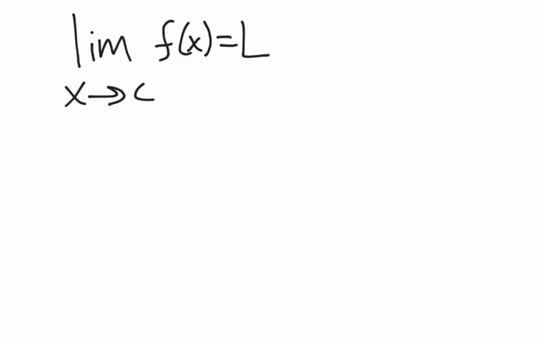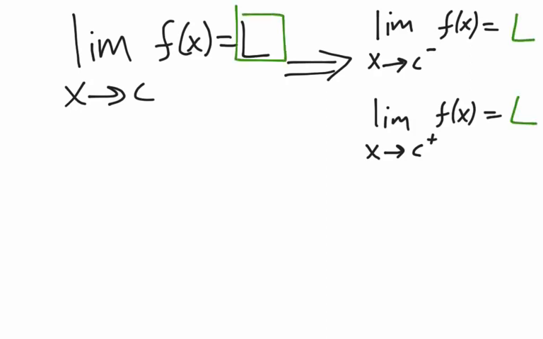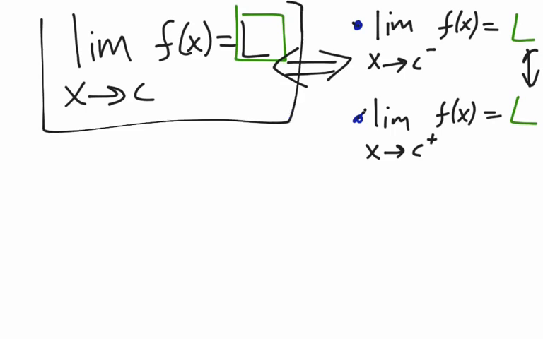In your head, you should think right away that this means that the limit as x approaches c from the left of f of x and the limit as x approaches c from the right of f of x, both of these limits must be L. They cannot be anything other than L. And similarly, if you're given that this limit is L and also this limit is L, then this works the other way. If the two one-sided limits are the same, then the limit in general is also that same number.